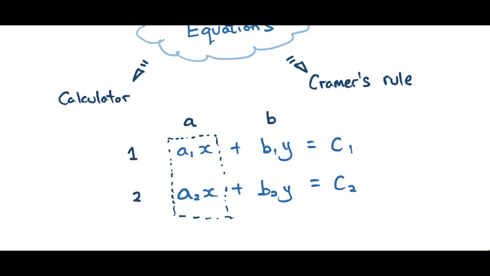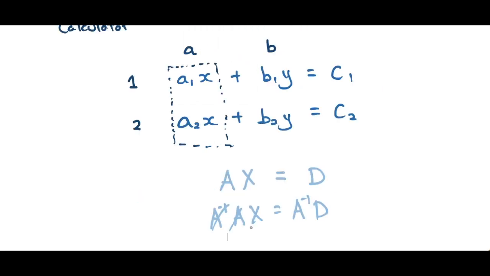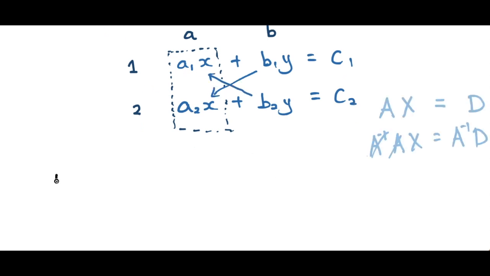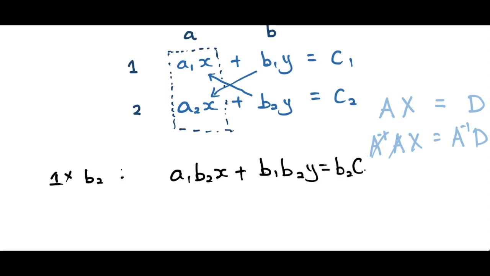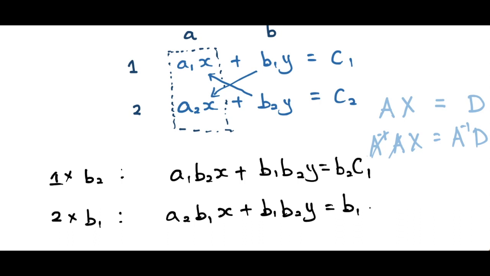Just like the elimination method, let me show you the similarity. To start off, for the first equation I cross multiply by b2. So I get a1 b2 x plus b1 b2 y equals b2 c1. And my second equation, I multiply by b1. So I will have a2 b1 x plus b1 b2 y equals b1 c2.